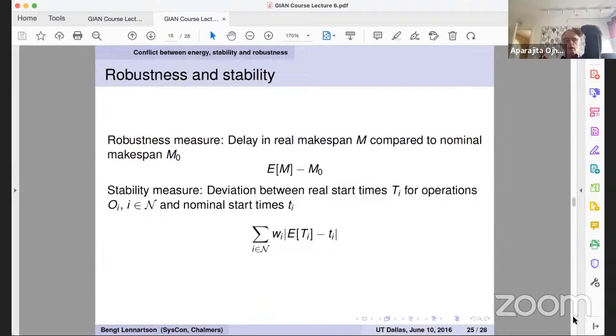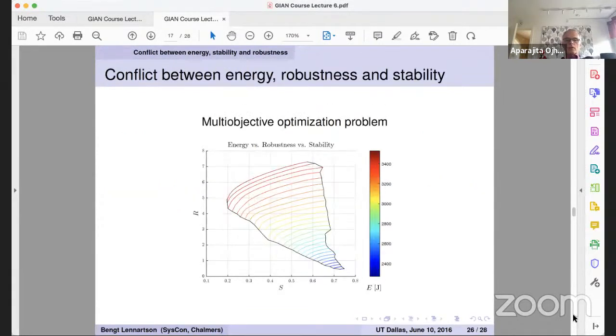And I don't make any detailed comment on the difference between robustness and stability. I have tried to explain what I mean by robustness here: that it's good to have some slack. And here is this stability and robustness, and we see that we would like to be down here as much as possible for robustness and stability.